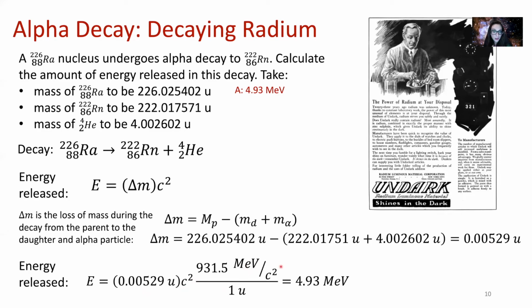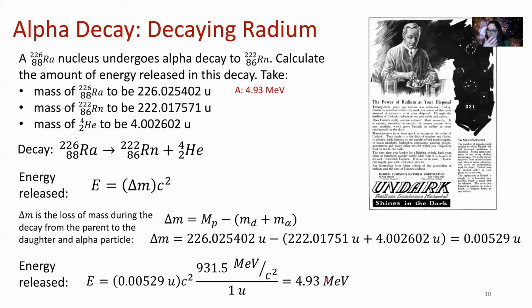And the c squareds are going to cancel, my atomic mass units are going to cancel, and it leaves me with the energy released in this alpha process in mega electron volts. So I'll take 0.00529 times 931.5, and that gives me the energy released in units of mega electron volts.